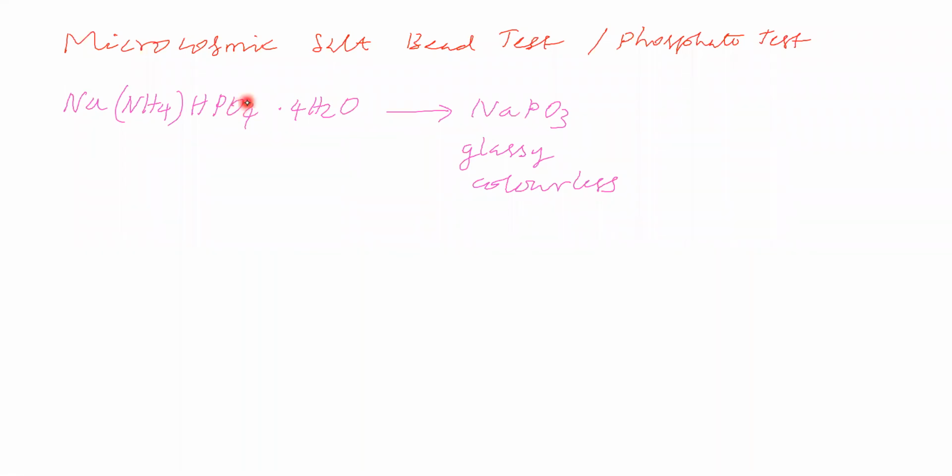Now this NaPO3 is allowed to touch the given salt. Suppose the given salt is copper sulfate. This copper sulfate salt clings to this NaPO3 and it is introduced into the oxidizing flame. Now the copper salt undergoes decomposition to give CuO and SO3. SO3 escapes away.